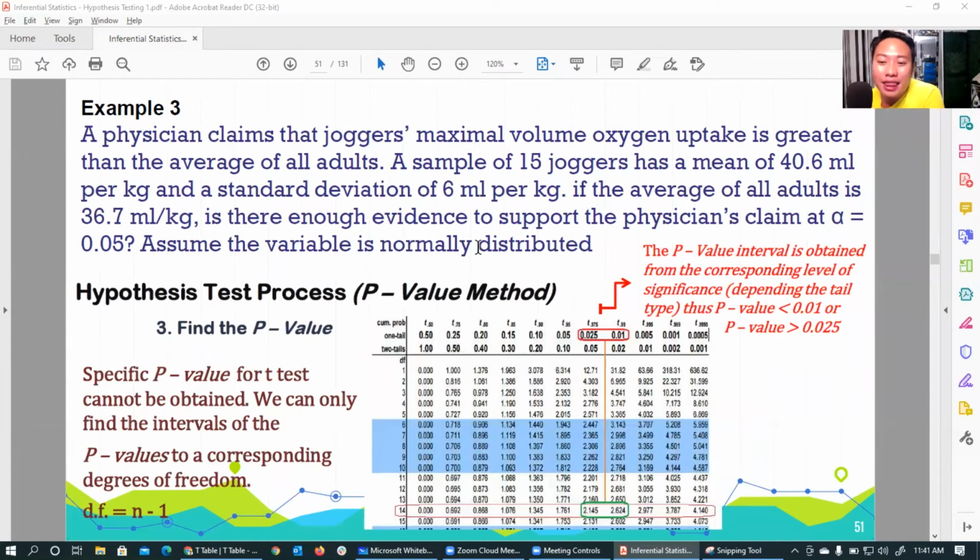Okay, so the p-value is obtained from the corresponding level of significance depending on the tail type. Thus, the p-value is less than 0.01 or 0.05, or greater than 0.02. What happens here?